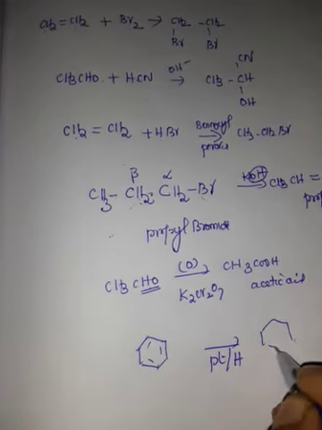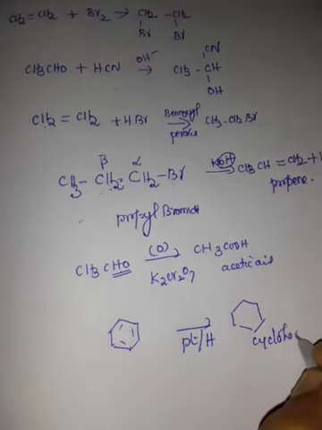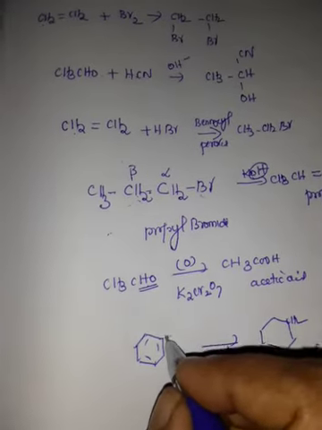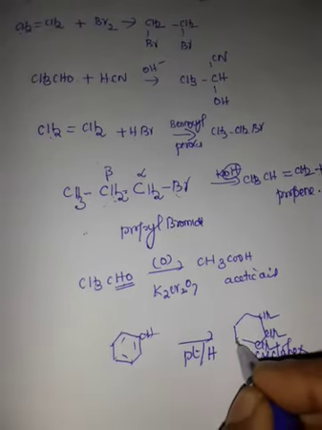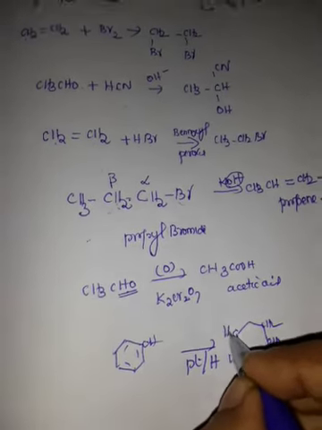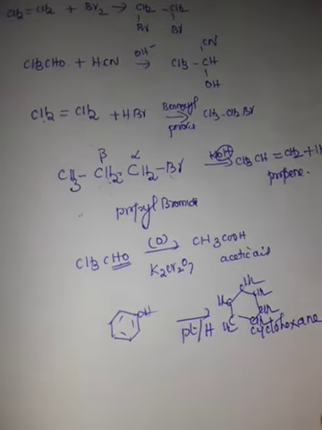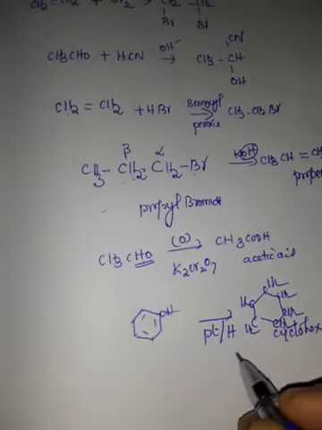The product is cyclohexane. Instead of the bond, hydrogen is added: CH2, CH2, CH2, CH2, CH2, CH2. This is called cyclohexane, formed with platinum as the reducing agent.